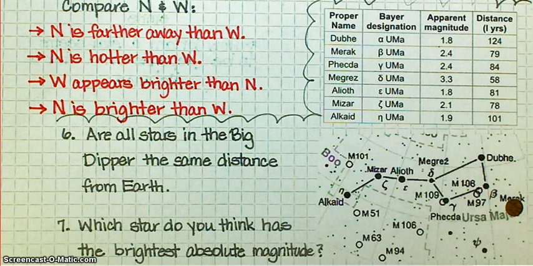And if it appears bright and it's the furthest away, then we know that it actually has to be giving off a lot of light. Okay? So which one's going to have the brightest absolute magnitude? That's going to be Dubhe, or Alpha Ursa Major. Because it's bright and it's still bright even though it's far away.